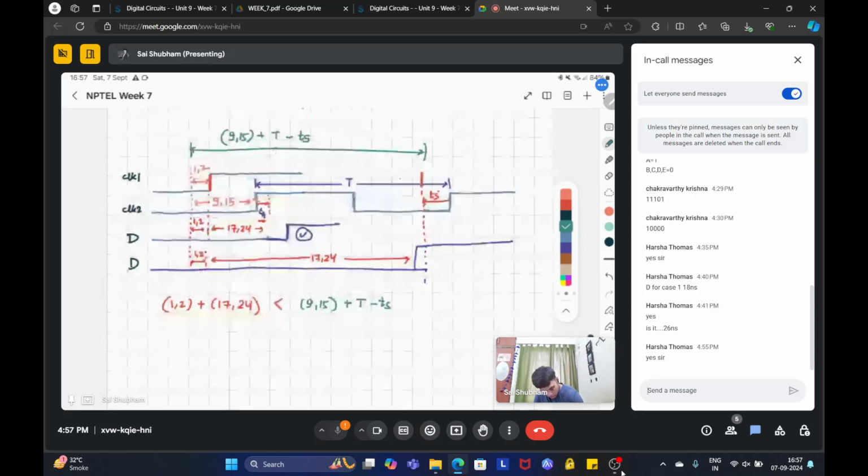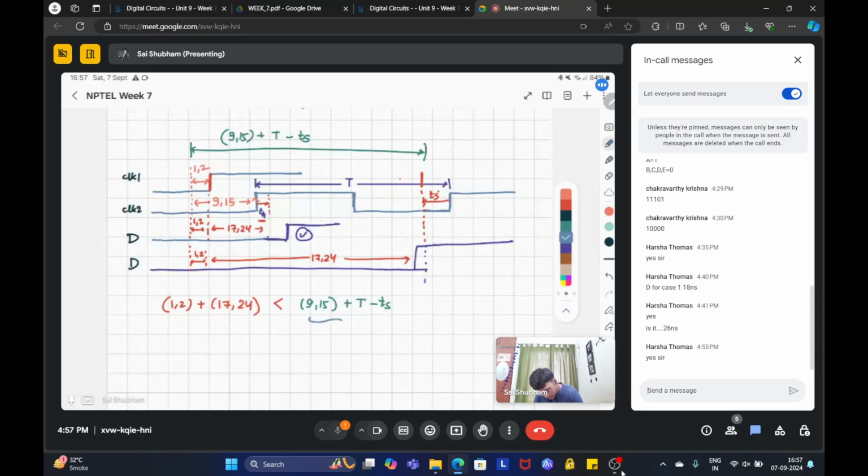Now we will apply the same logic. Since the green part has to be greater, we take its minimum, and for the data part we take the maximum. So 2 plus 24 less than 9 plus T minus setup time, which is 4.